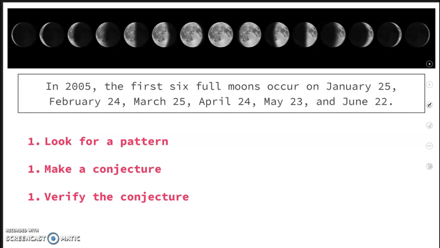Here's our very last example of the day. I wanted to give you a real life example, or a real world example. Go ahead and read the information that's in that box. See if you can look for a pattern and make a conjecture. Once you've done that, I will verify whether your conjecture is true or false.